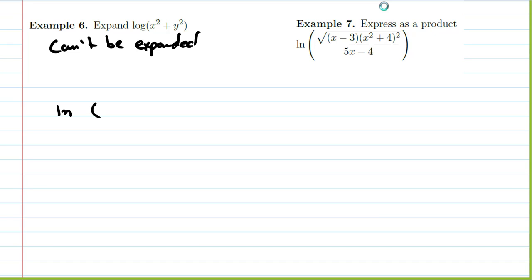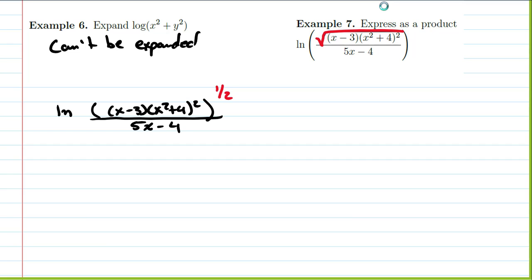We have x minus 3 times x squared plus 4 squared, and that whole thing is in the square root, right? So that square root becomes to the 1/2 power, all divided by, in the denominator, 5x take away 4.